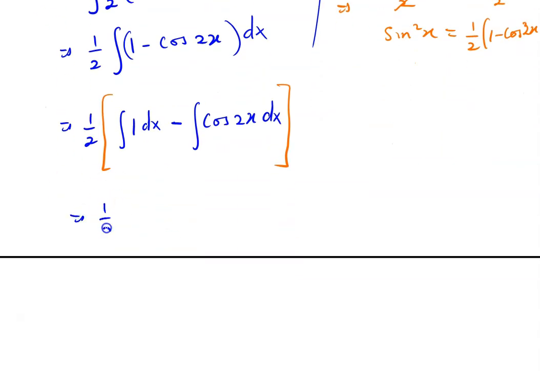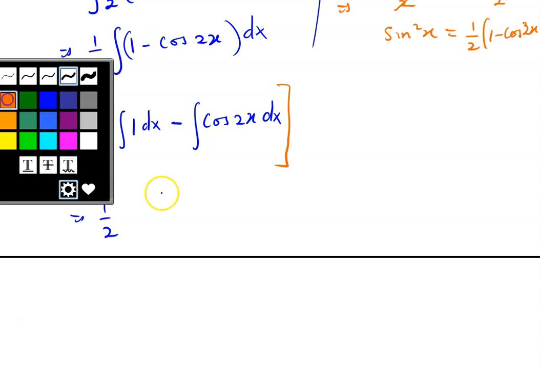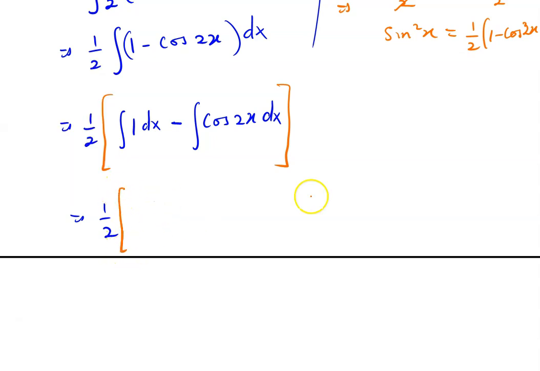Very good. So the integral of 1 is x. We've already witnessed that one. The integral of 1 dx is x. So we are going to get x minus, then how do we integrate this one? We first differentiate what is inside and make it a fraction as a coefficient. The differentiation of 2x is 2, so we get 1 on 2.